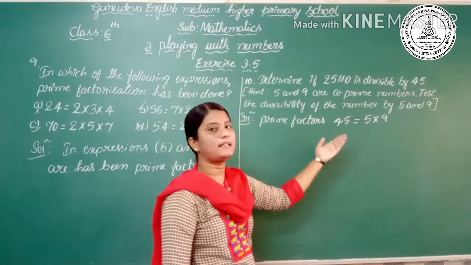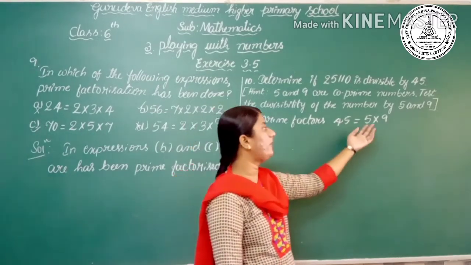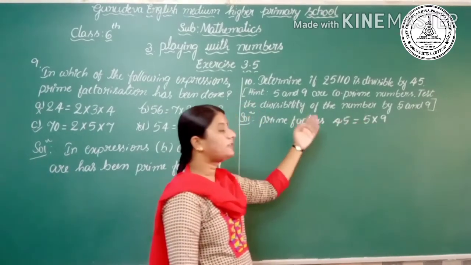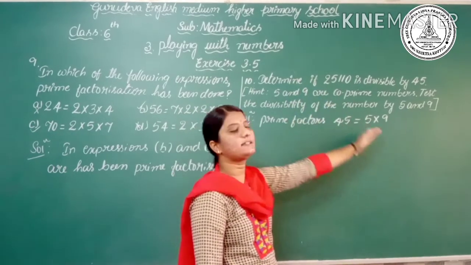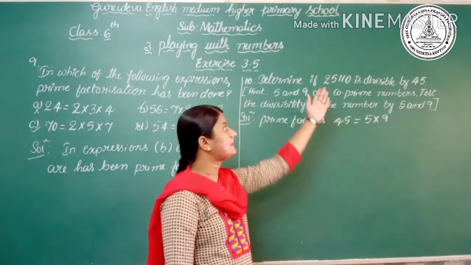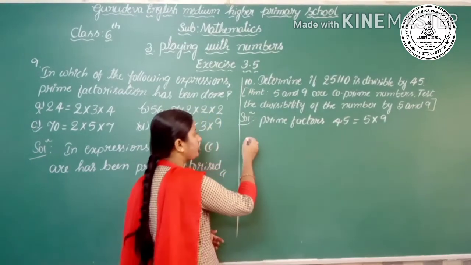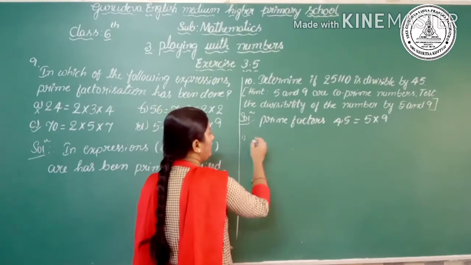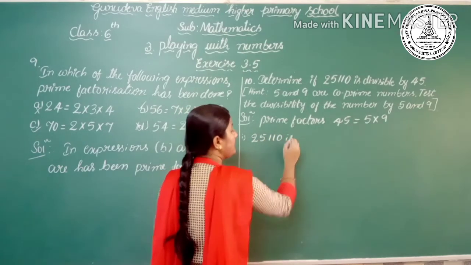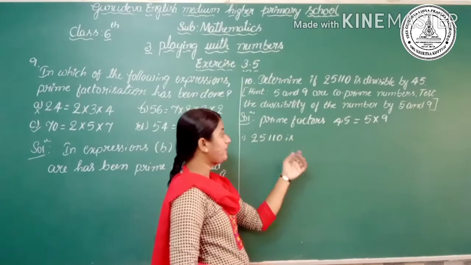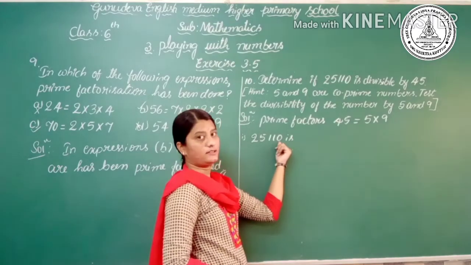Yes, we know the divisibility rule of 5: if the number ends with 0 or 5, then the whole number is divisible by 5. Let's first write here: 25,110 is divisible by 5. Why? Because in the units place there is a 0.